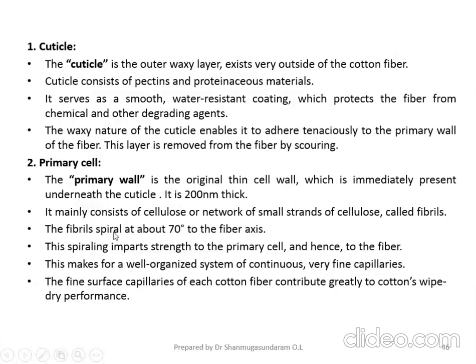The fibrils spiral at about 70° to the fiber axis. This spiraling imparts strength to the primary cell wall and hence to the fiber. This makes an overall organized system of continuous and very fine capillaries. The fine capillaries of each cotton fiber contribute greatly to cotton's wicking and drying performance.